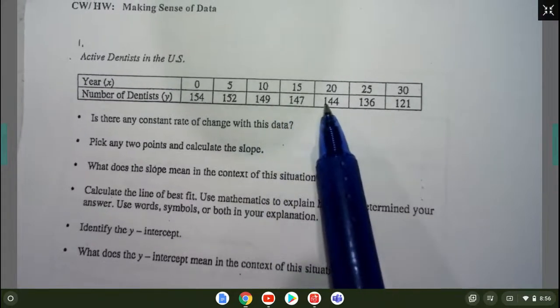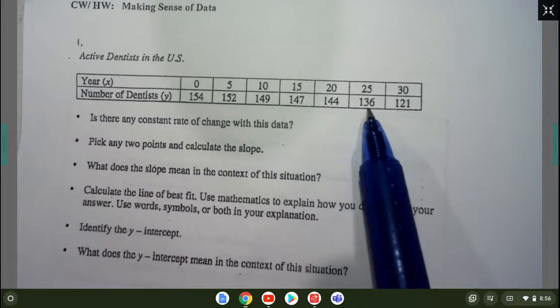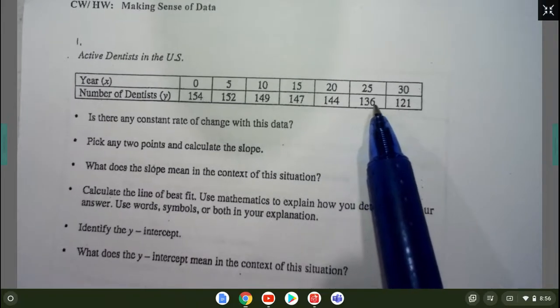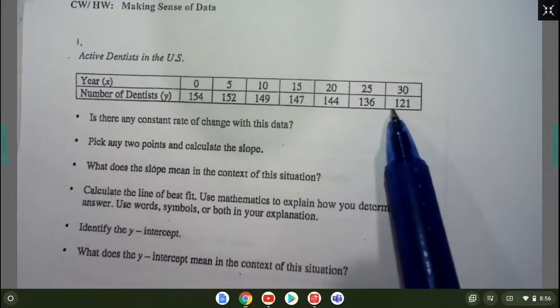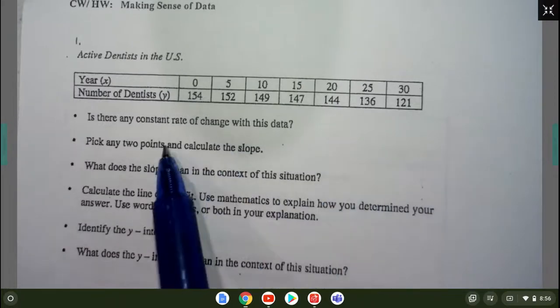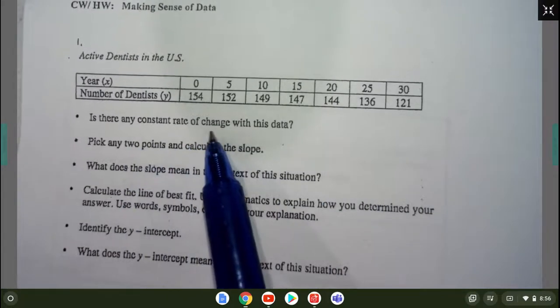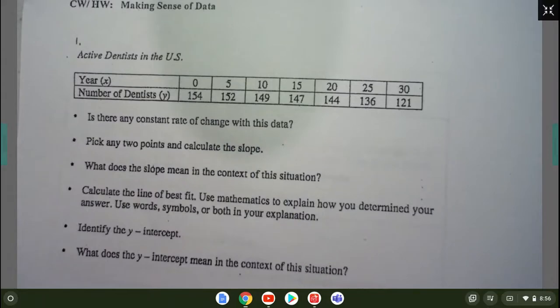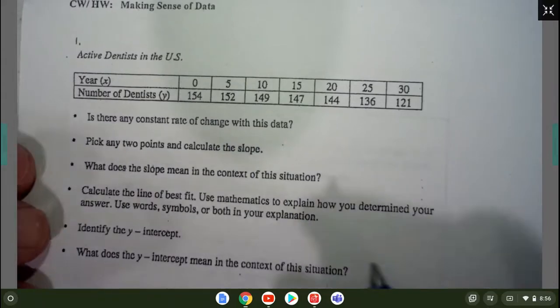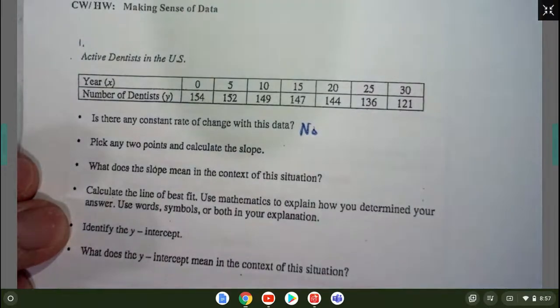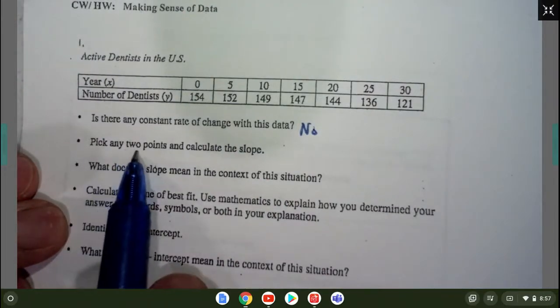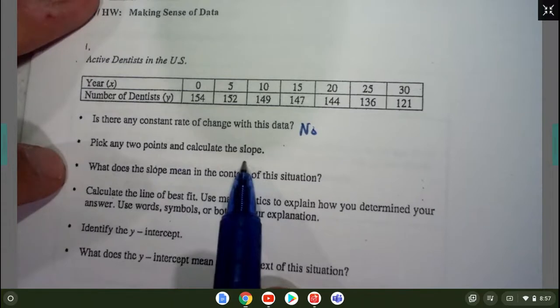The next 5 years goes down by 3. The next 5 years goes down by 8. And then that final 5 years goes down by 14. Is there any constant rate of change within this data? That is not a constant rate of change, because it's changing by different amounts each 5 years.